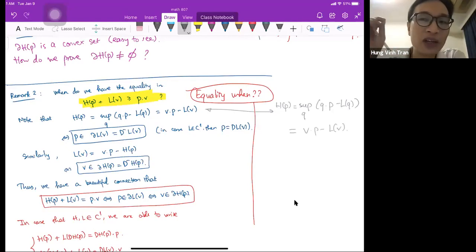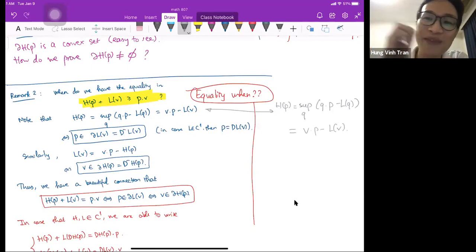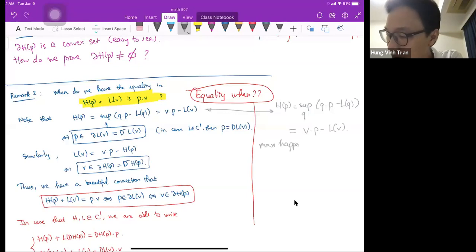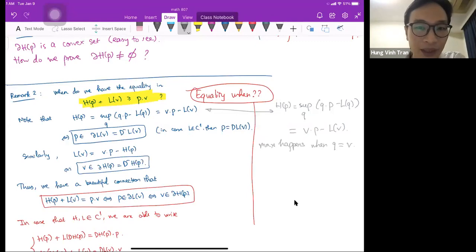And clearly we have taught our students in multivariable calculus: if we do maximizing or minimizing problems, and everything is nice, then the max happens when Q equals V. And at the point of maximality, clearly the gradient of this function has to be 0.